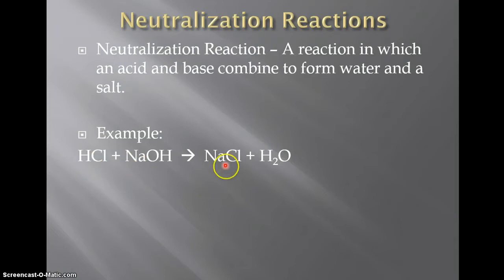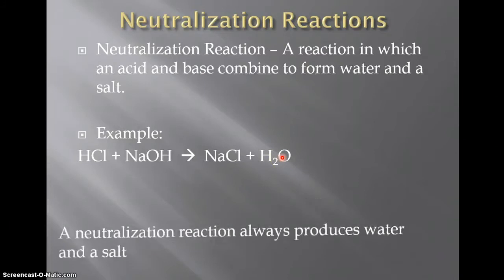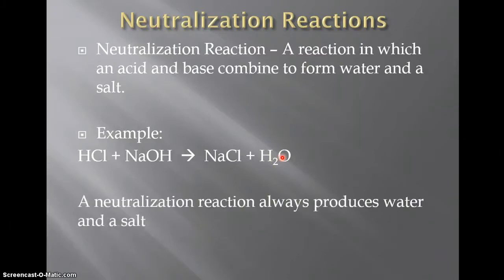You have sodium combined with chlorine to form sodium chloride, or what we know as table salt. And then you have this hydrogen over here combined with the hydroxide to form H2O, or water. And so those are your two products as a result of this reaction.